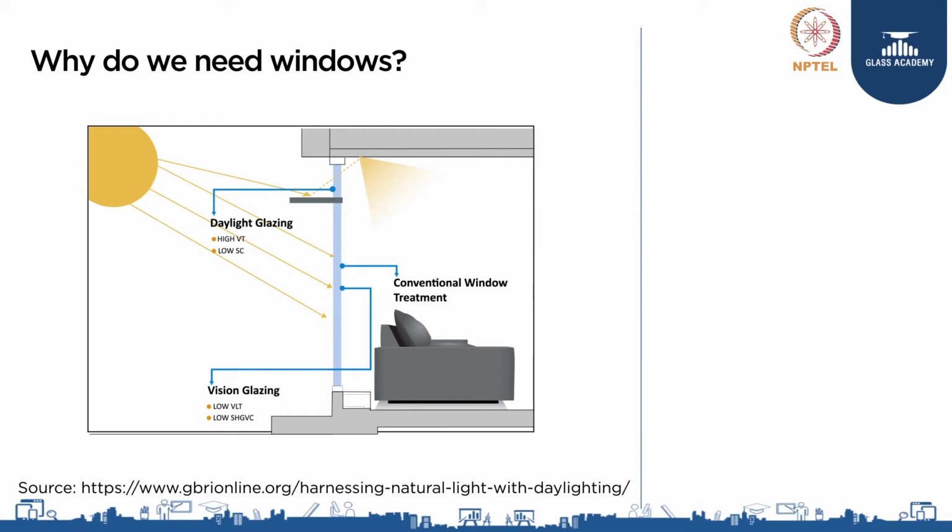The top glazing, which is the daylight glazing, can have high VLT, but still it should have low solar heat gain coefficient, and it might not have that high controls for the glare protection.